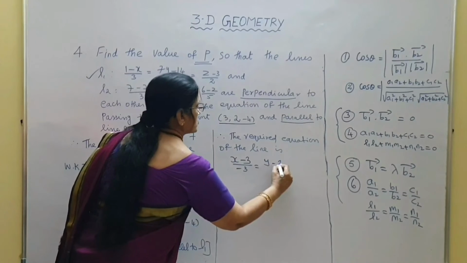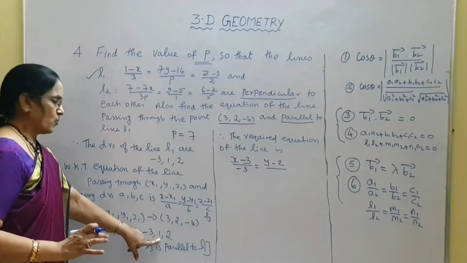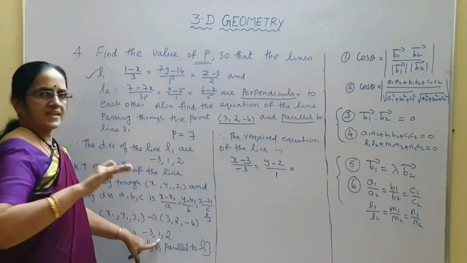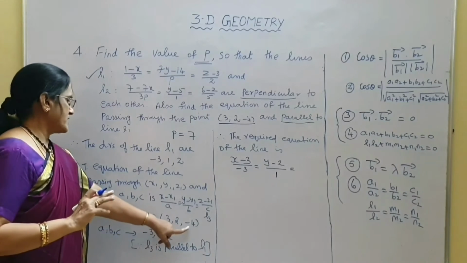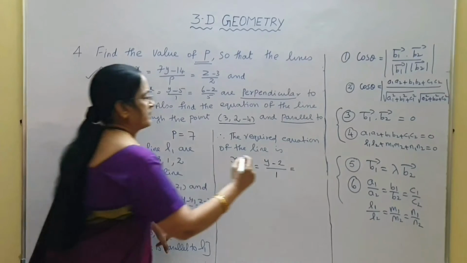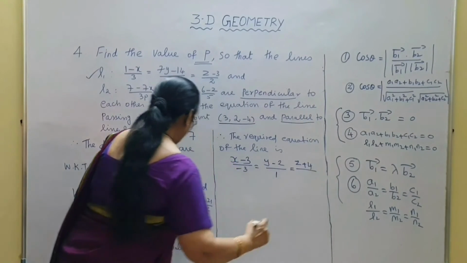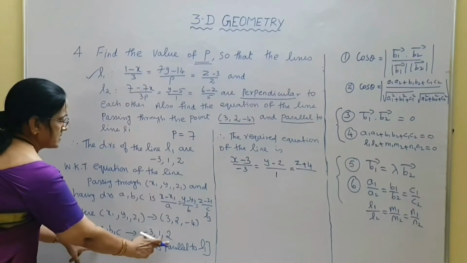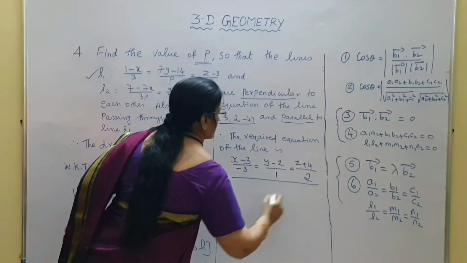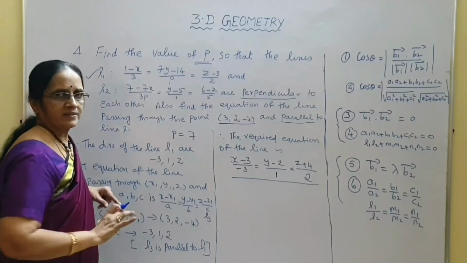So y minus 2 by b. b is nothing but 1. Then z minus z1. Your z1 is minus 4. So z minus of minus 4, that will give you z plus 4 by c. Here your c is 2. That's all. This is the required equation of the line which is parallel to the line L1.